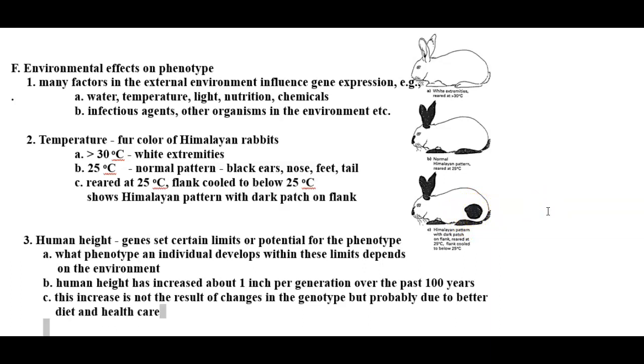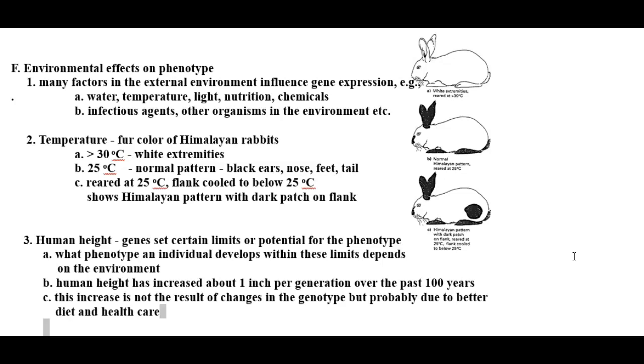Human height, we talked about that. That is polygenic. So your genes are going to set your certain limits. Those are going to be your potential for your phenotype. So if someone has the DNA to be tall, but they don't have nutrients, they don't have very much nutrition when they're growing up, they're not going to reach that potential.